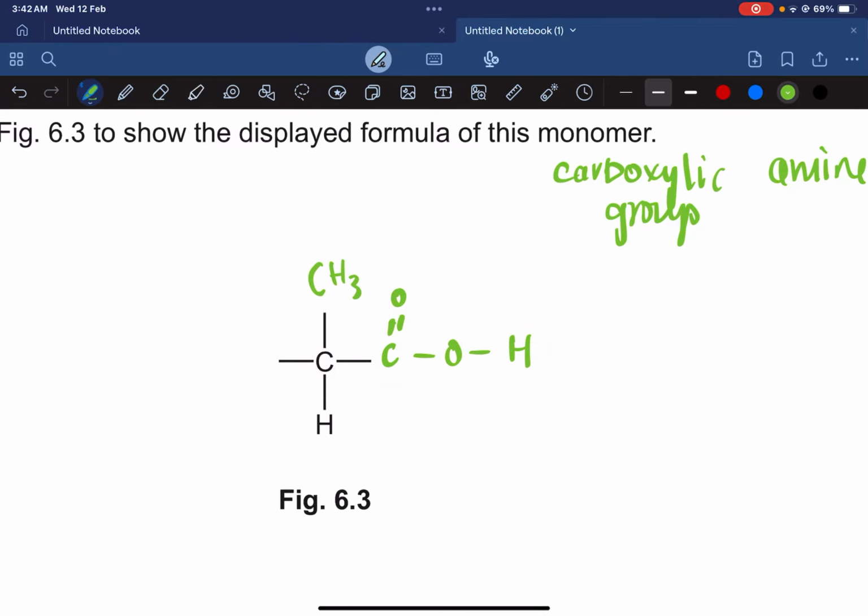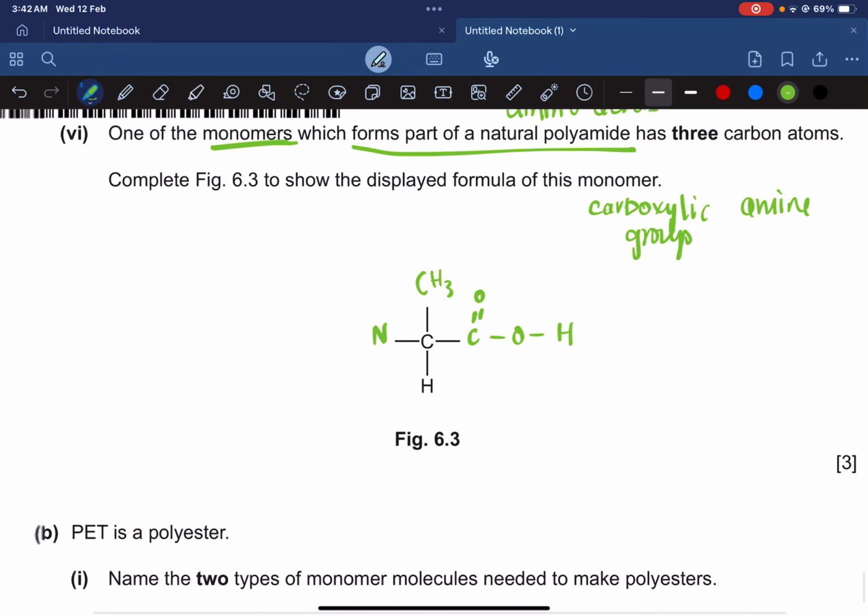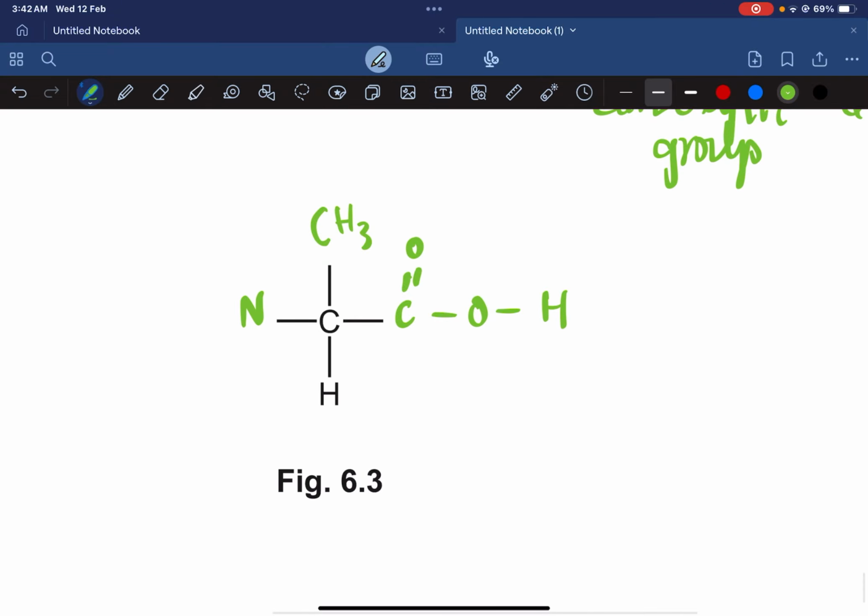And over here we can complete the displayed formula. So I guess we have to show all the bonds. It's going to be H and H, NH2; this is the amine group I've drawn over here. In case you don't understand, this is the amine group.